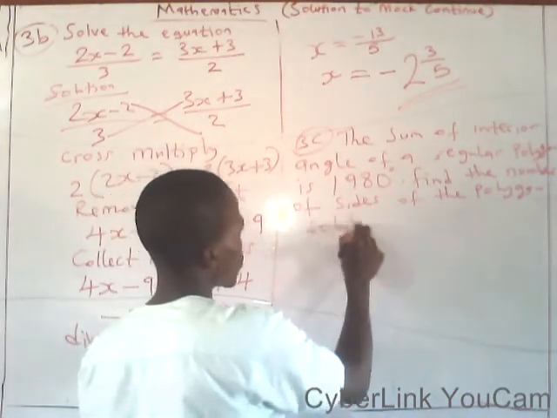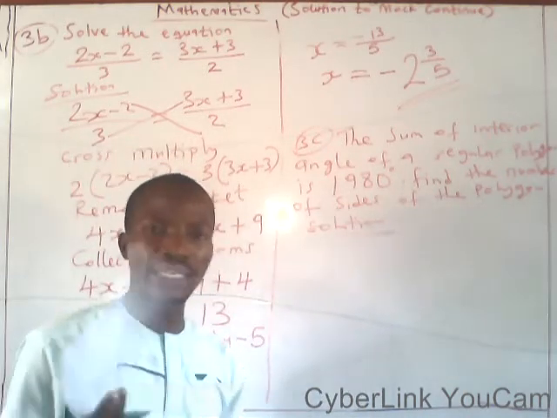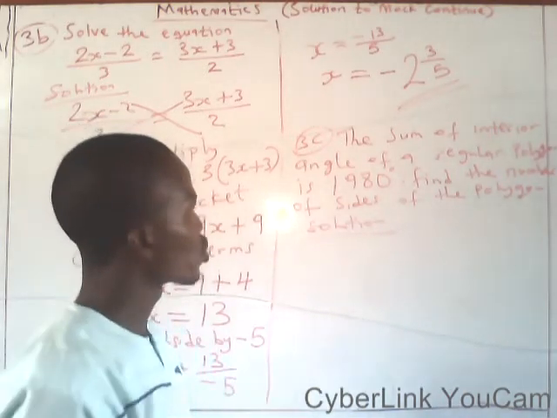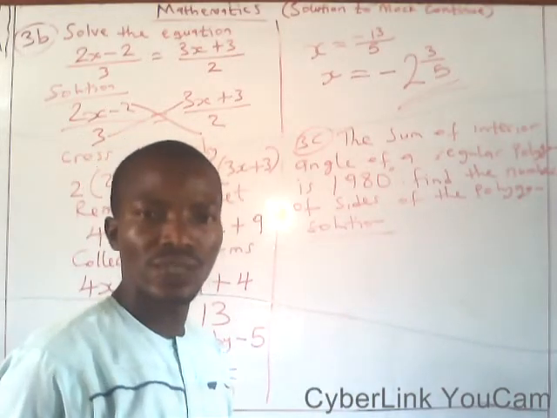Now the solution to this one. There is one formula here that says the sum of interior angles of a regular polygon is equal to what? That's a question for you.